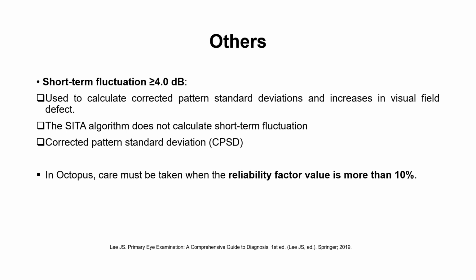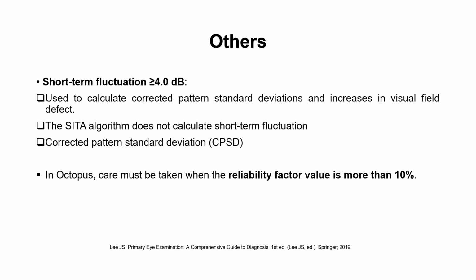Okay, we have what we call the corrected pattern standard deviation, corrected to the short-term fluctuation, and we'll talk about the pattern standard deviation in the following slide. The pattern standard deviation is corrected to the short-term fluctuation, and it measures the localized variability, the localized irregularity.